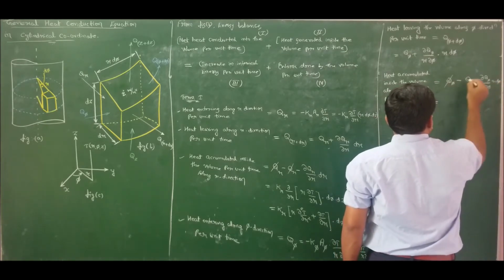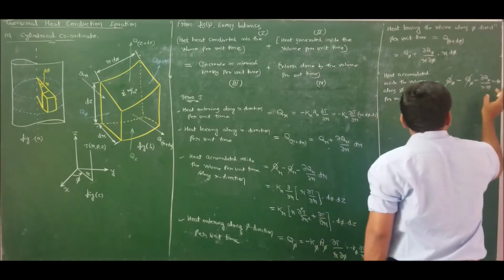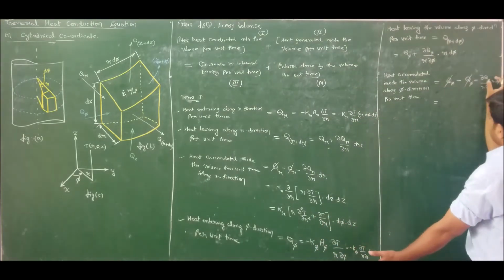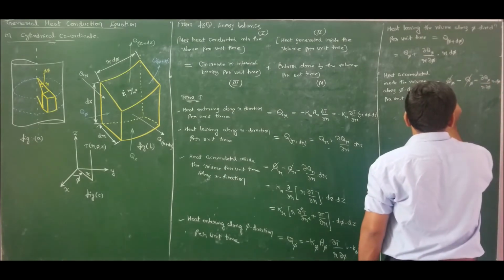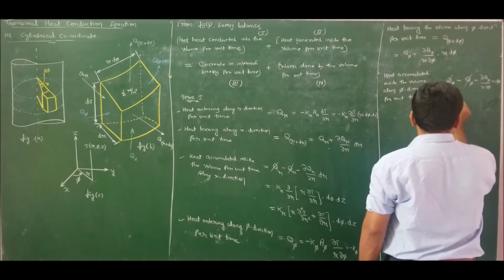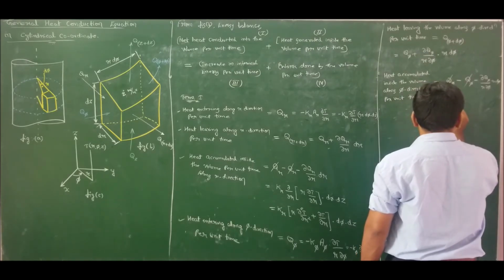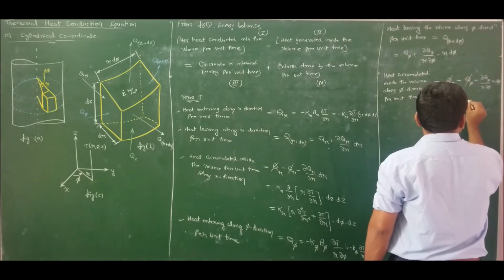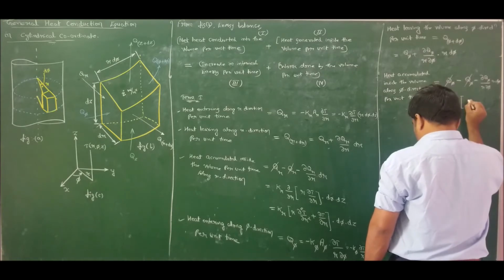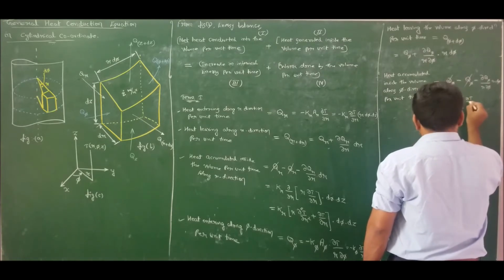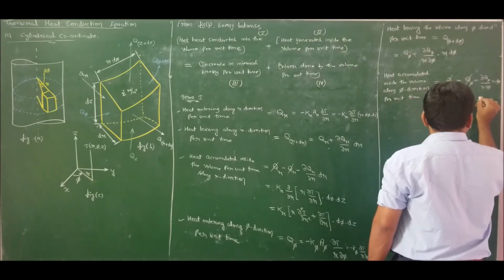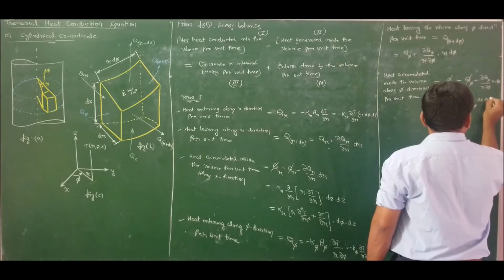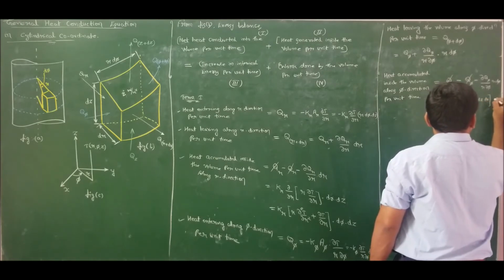So if I solve, q phi will get cancelled. So now we know the value of q phi. Substituting for q phi and differentiating, minus of minus is plus, that is k phi dou by r dou phi of dou T by r dou phi dz dr into r d phi.